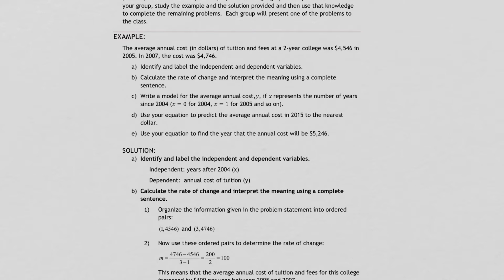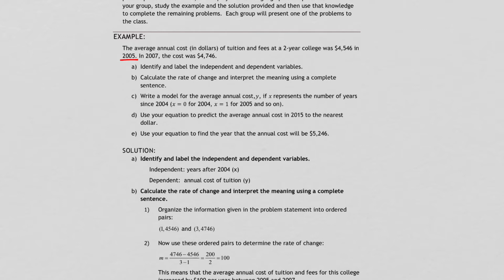The first part, A, says identify and label the independent and dependent variables. So the independent variable is the year. And there we go. It says years after 2004.